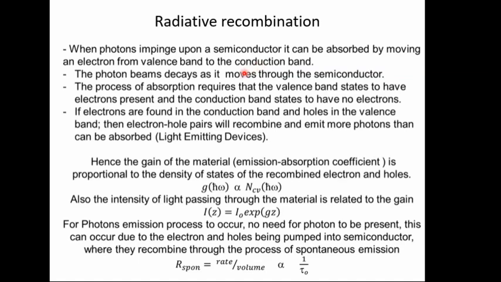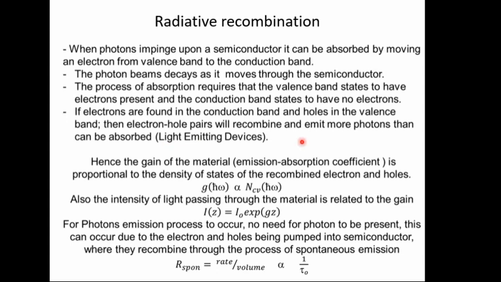We said that the electrons in the conduction band are absorbed from the valence band. If electrons are found in the conduction band and holes in the valence band, then the electron-hole pair can recombine, which means it emits a photon that can be absorbed again.